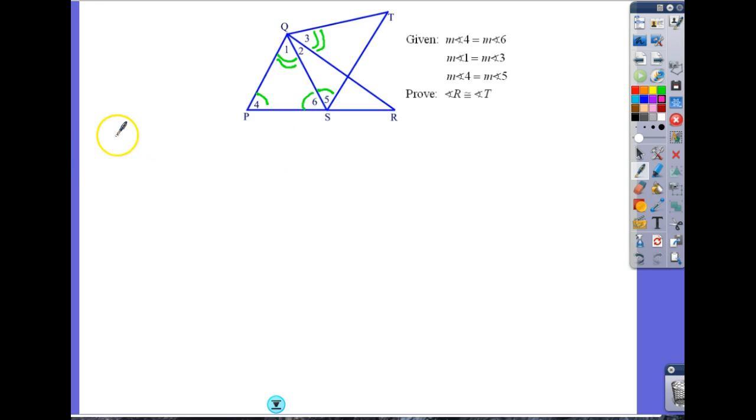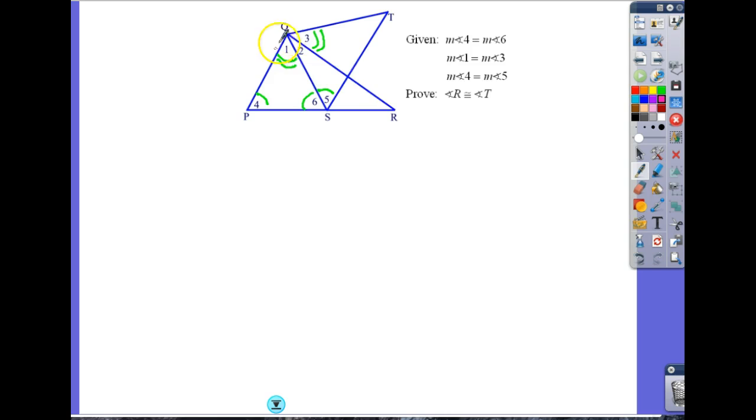We could say that they're similar, but unless we know something about a side, we don't know anything more than that. They could be similar, they could be congruent. So we need to know a side. So what information can I get out of here, even though it only talks about angles, that could help me say something about a side of these two triangles?